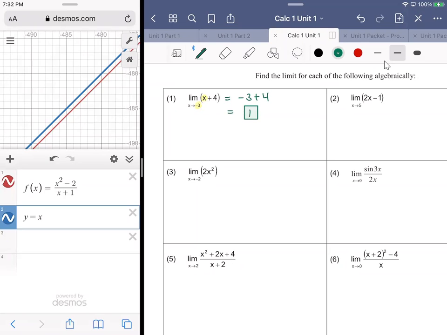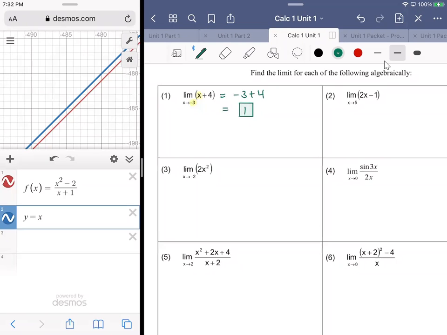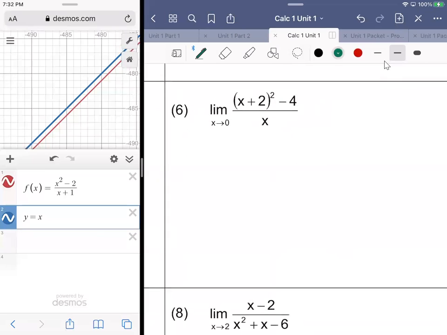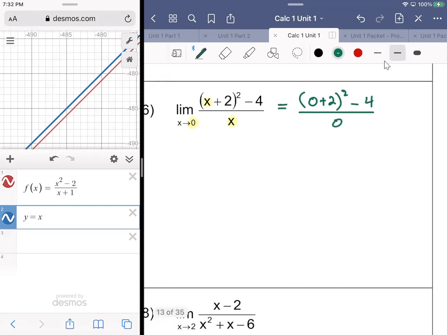Right? But if you take a look at number 6, and I'll save the trig ones. I'll do all the trig ones next class in one shot. This will be the last problem we do tonight. If you look at number 6, I can try that technique of plugging 0 in for each of the x's. If I do that, 0 plus 2 squared minus a 4 over 0. 0 plus 2 squared is 4, minus 4 is 0, 0 over 0.